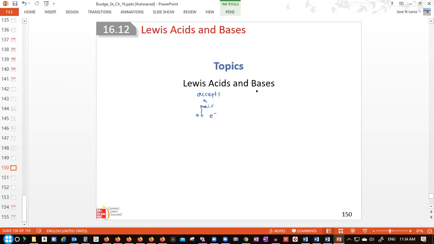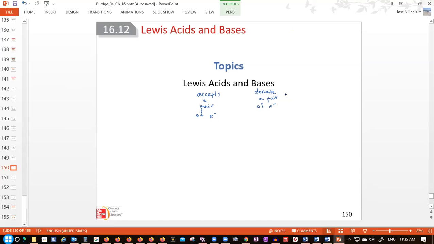And bases donate a pair of electrons. So it's another definition, another way to see acids and bases.